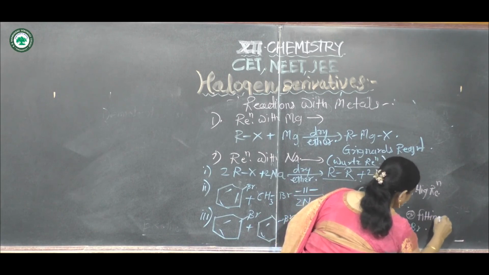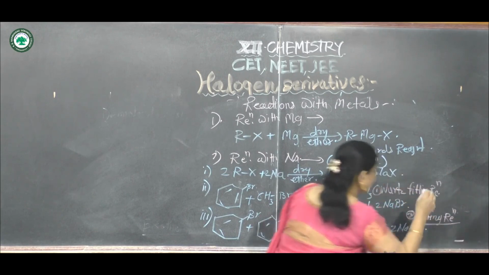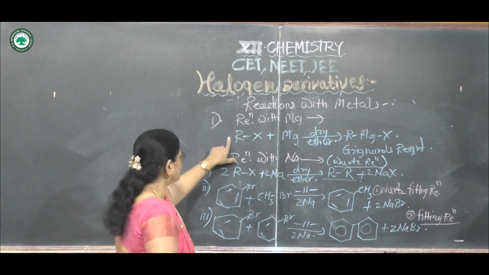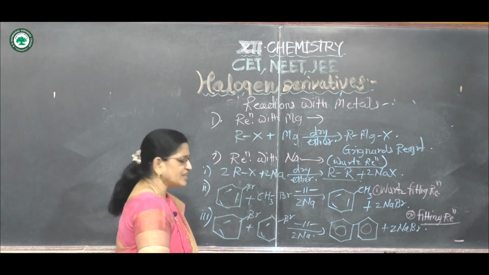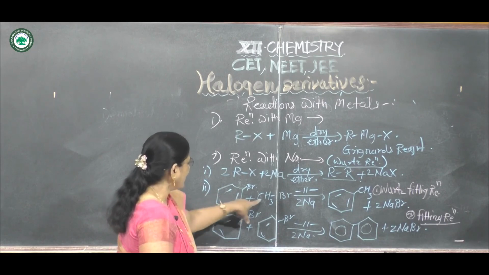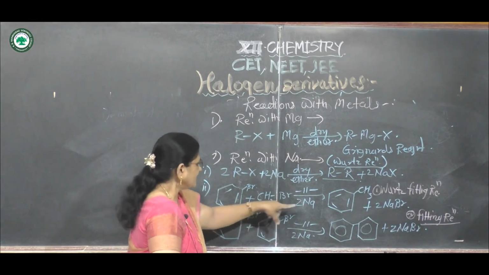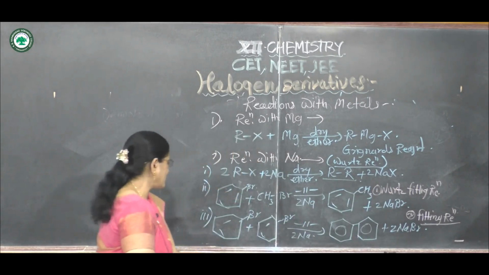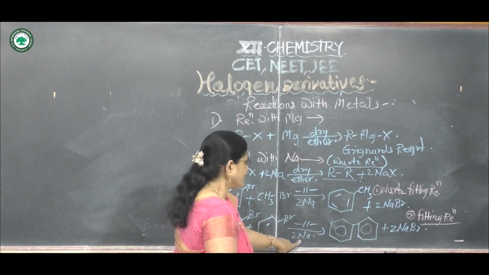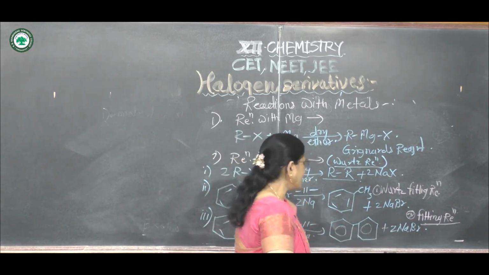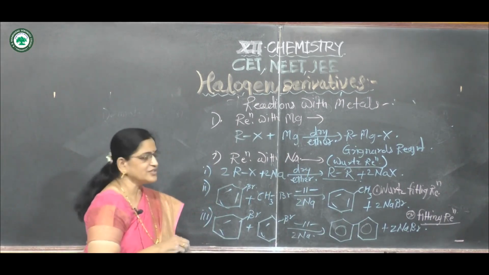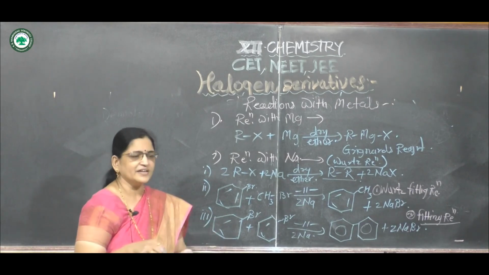So in reaction with metals, the first is with magnesium, the second with sodium, and the third with alkyl halides and aryl halides, which is called the Wurtz-Fittig reaction. If both are aryl halides, with dry ether and sodium it gives a diaryl compound, and it is called the Fittig reaction. In this way, these are some chemical properties of alkyl halides and aryl halides.